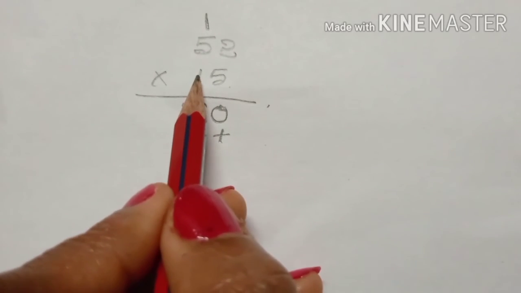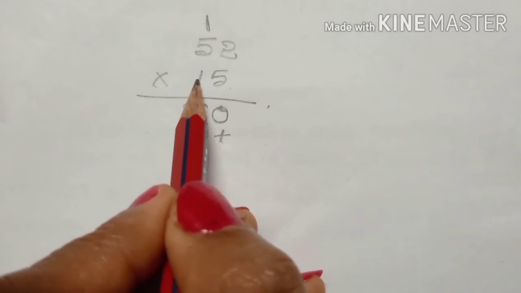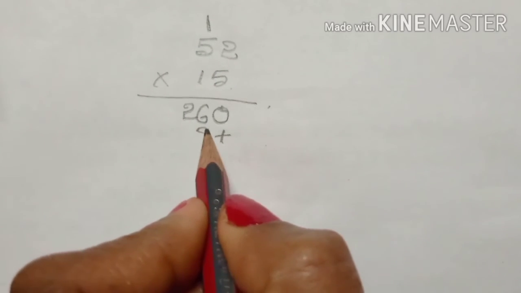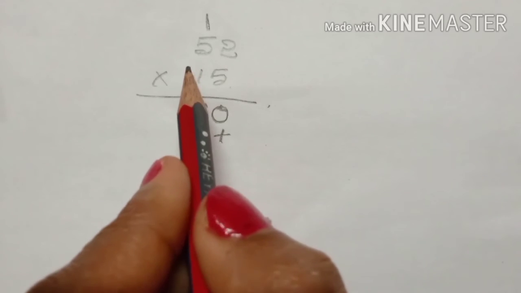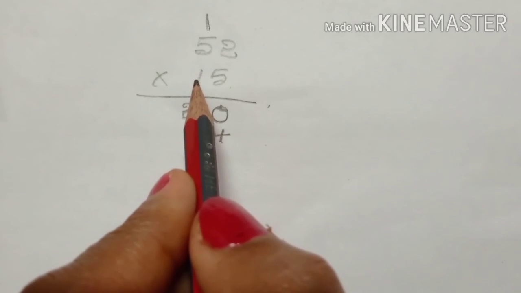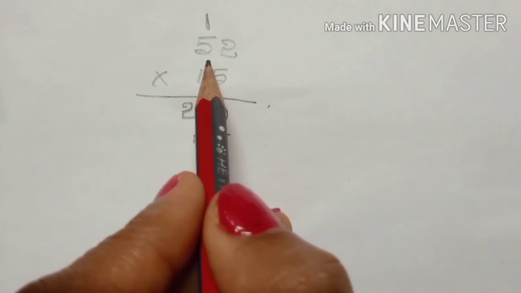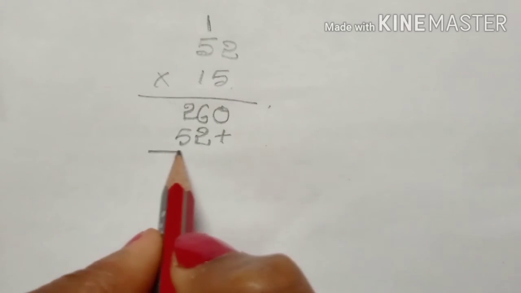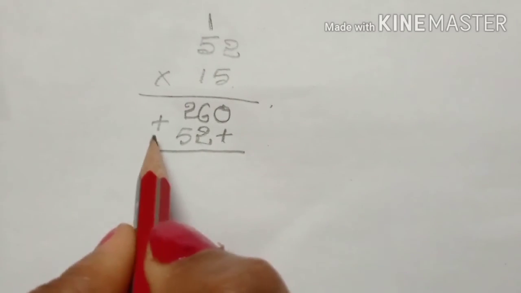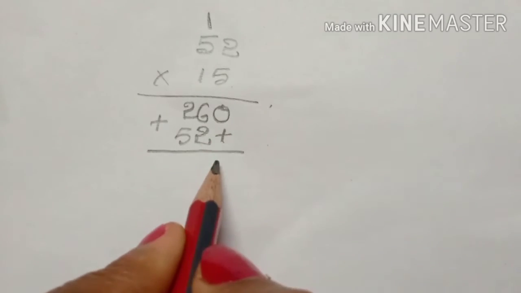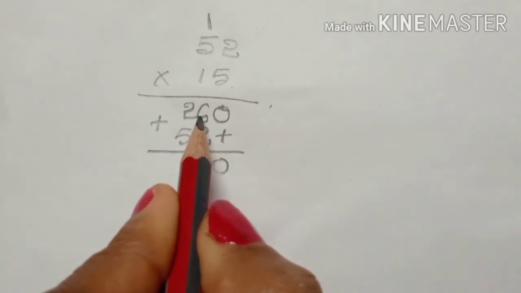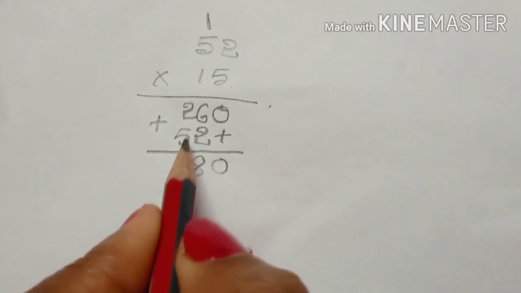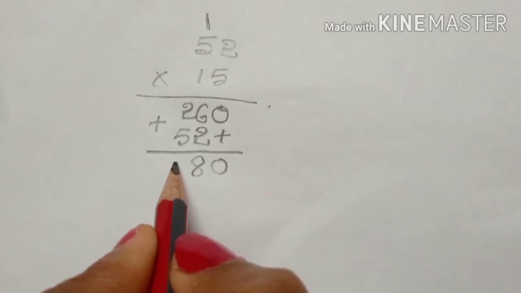Now we multiply in tens. 1 multiplied by 2. 1 2s are 2. Now multiply 1 multiply by 5. 1 5s are 5. So total we should add it here. 0, right, as it is 0. 6 plus 2 is 8. 2 plus 5 is 7.